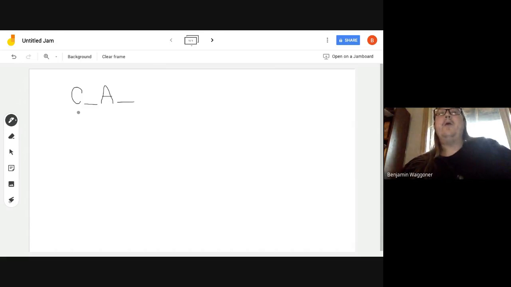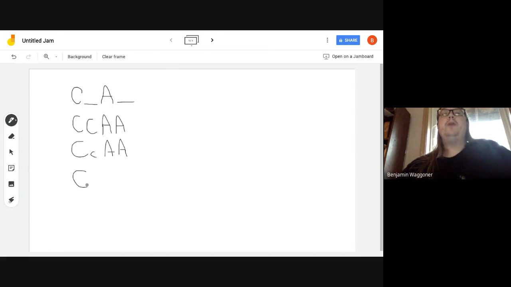So if we want to write out all the genotypes of an agouti mouse, it could be homozygous dominant for color and homozygous dominant for agouti, or heterozygous for color and homozygous dominant for agouti, or homozygous dominant for color and heterozygous for agouti, or heterozygous for both.